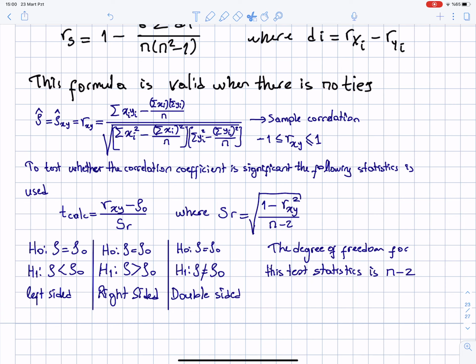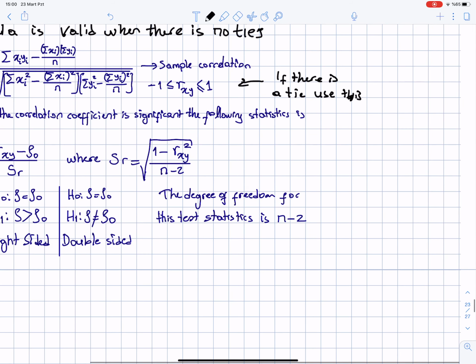If there is a tie, use this formula on the ranking values.